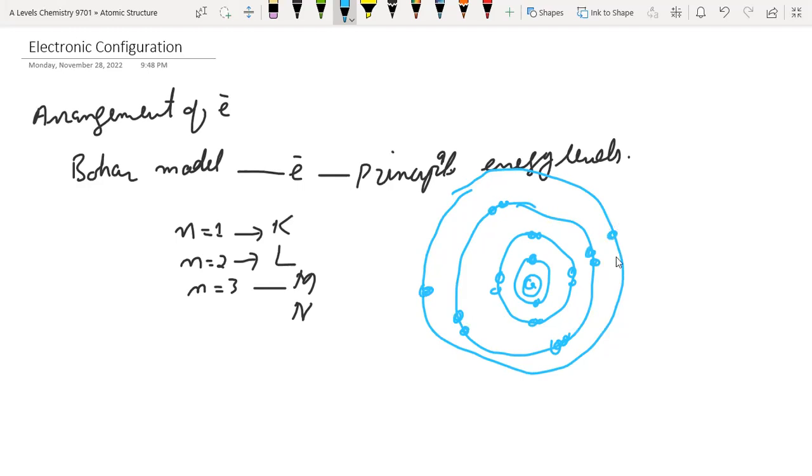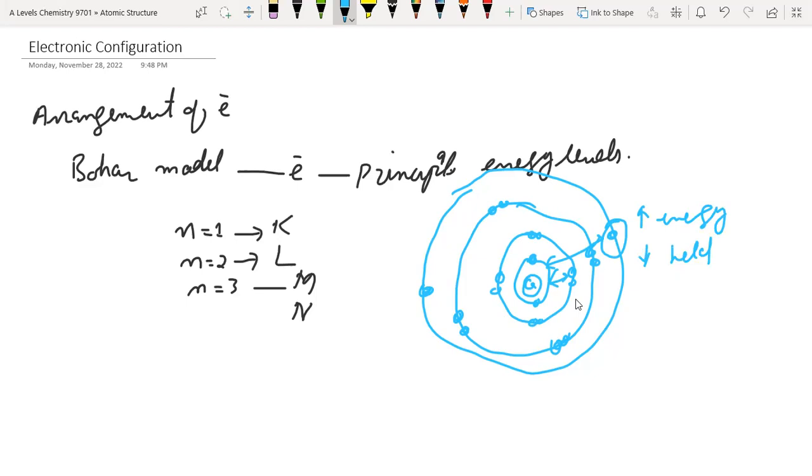These 2 electrons are much farther apart from the nucleus than these 2 electrons. So the electrons away from the nucleus will have more energy and are less tightly held by the nucleus.